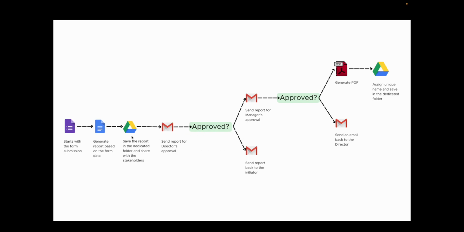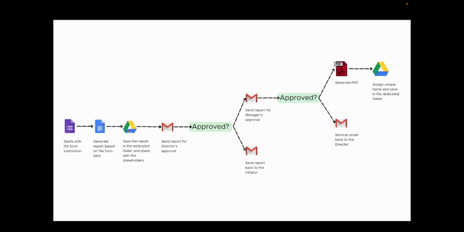And here we want to make sure that we share this document in Google Drive with the director, and we want the director to be able to edit the document. But for the manager, we want them to only be able to make comments.